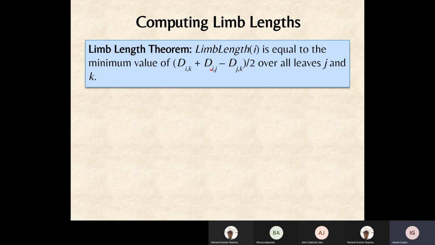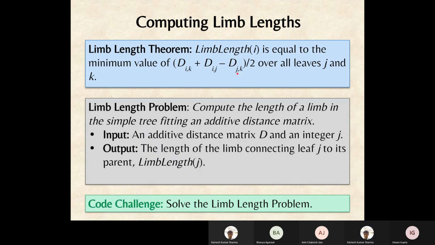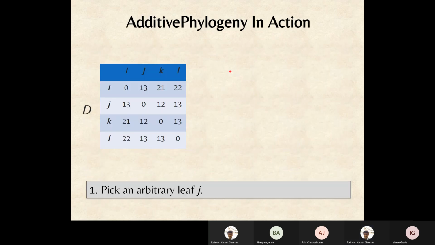The value of IJ is 13, IK is 21, and JK is 12. JK is getting subtracted, and IJ and IK are getting added. So 13 plus 21 is 34, minus 12 is 22, divided by 2. That will be 11.